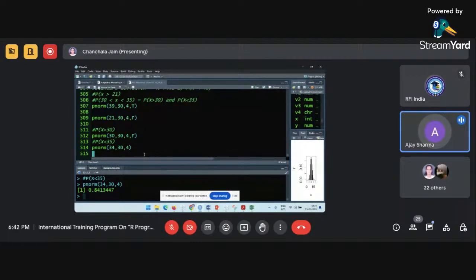We need to get the less than, so we will keep it true only. Less than means true, greater than means false. So up to less than 35, we have passed 34. It will give me the cumulative probability from 0 to 34. Fine?